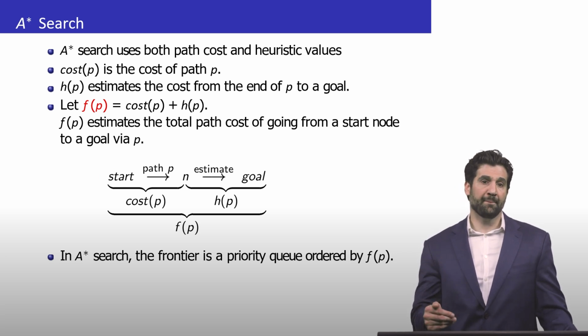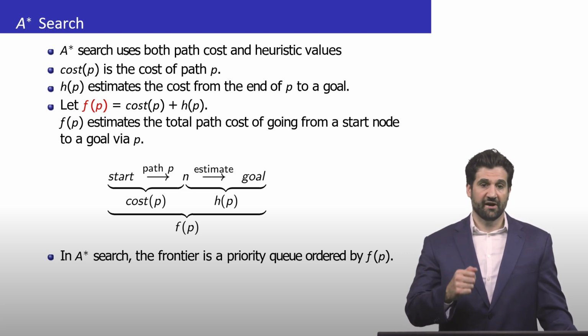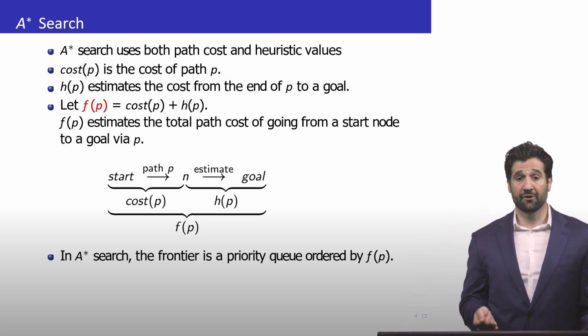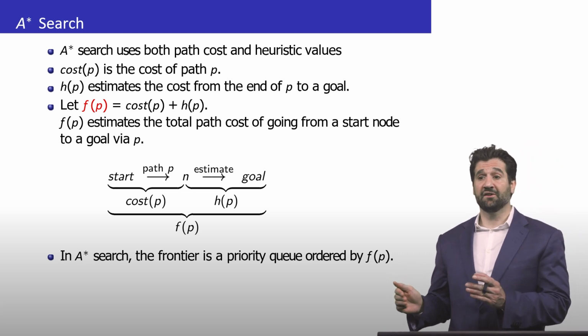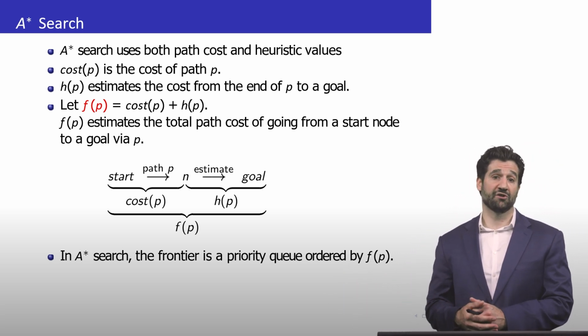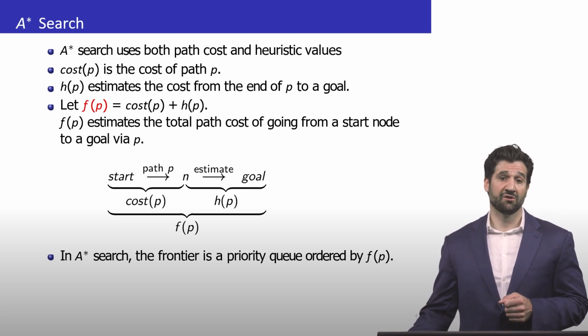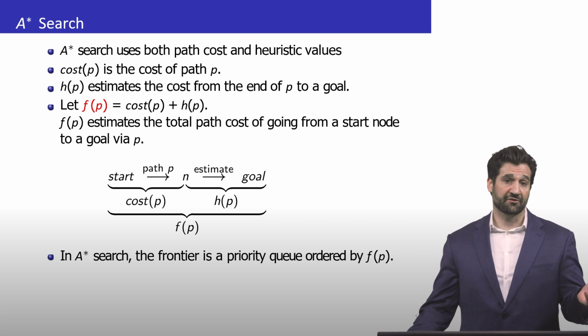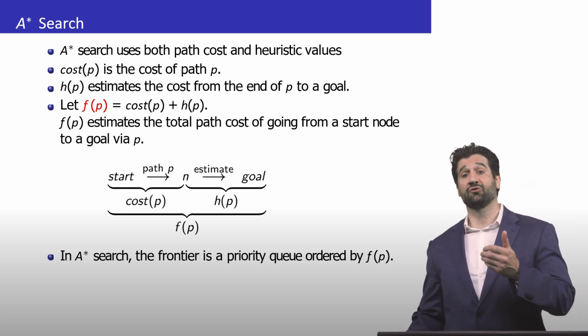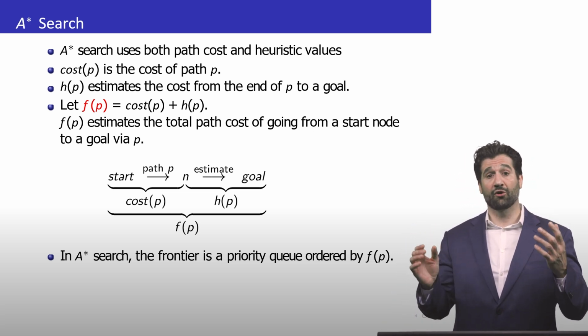And so what happens is our frontier set of nodes is now being set up as a priority queue, and instead of picking from that priority queue using h(p), like we did with best first search, we are going to select using f(p). So more information.